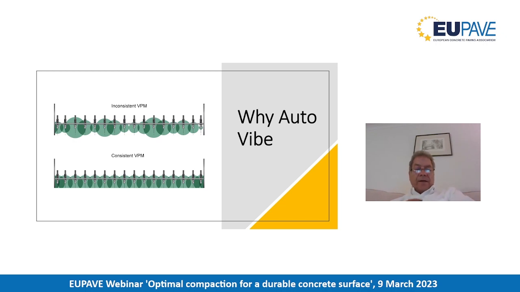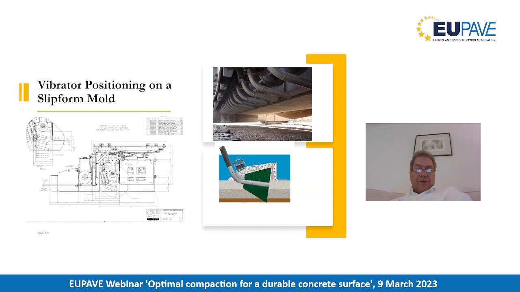Finishing off, here I'm showing you a set of vibrators on the mould of a slipform paver, all set parallel to the surface of the concrete. And this allows you to pave over blockouts.